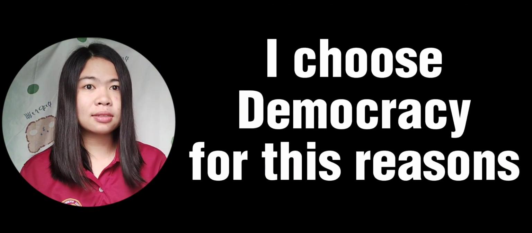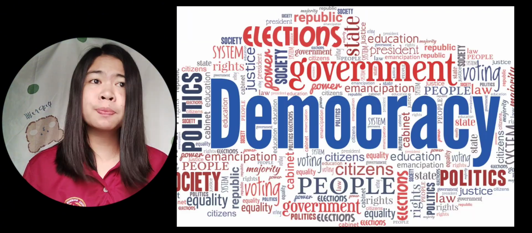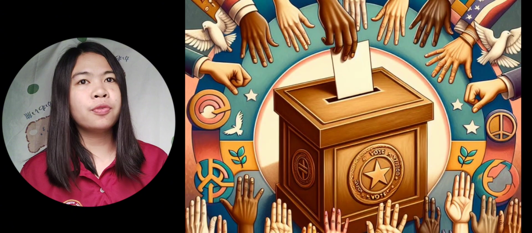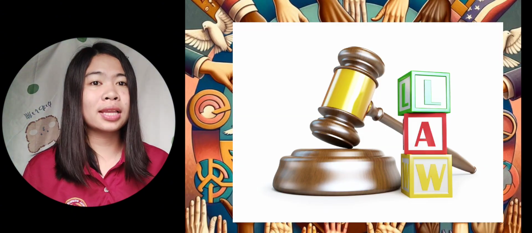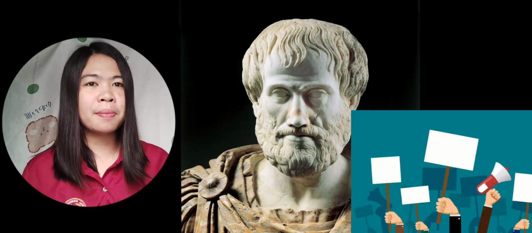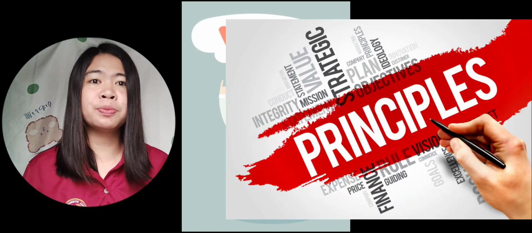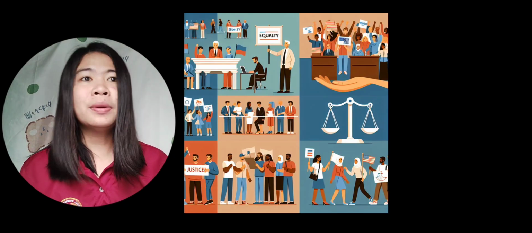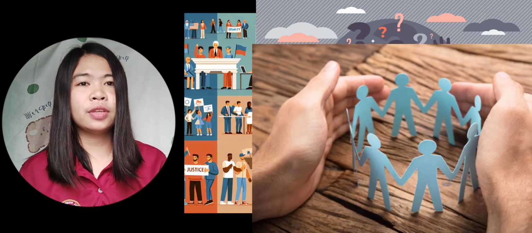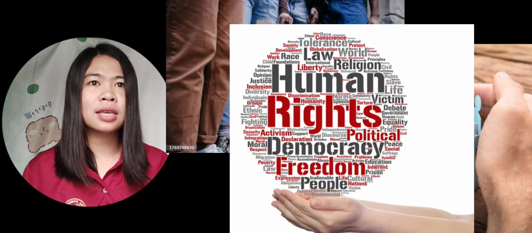Democracy, as explained by Plato, is rule by pure liberty and equality, where the people vote on and make laws, or in Aristotle's terms, rule by many like a free citizen. In the simplest terms, it emphasizes principles such as equality, participation, and protection of individual rights.